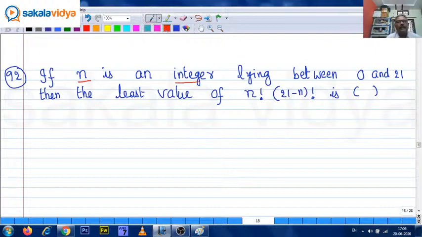N is an integer lying between 0 and 21. The least value of n factorial and 21 minus n factorial we need to find out.